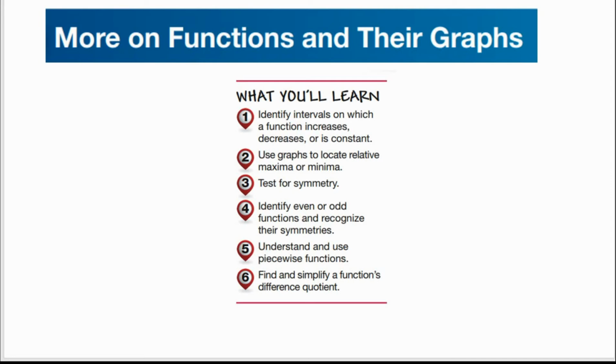And then we lastly talk about, well, before the last topic, we talk about odd and even functions, which also has something to do with the so-called symmetry of a graph. And then lastly, we end with this difference quotient. And I want to talk about that when we get to it, because that has also rich properties for calculus.